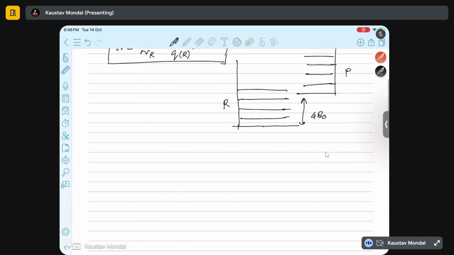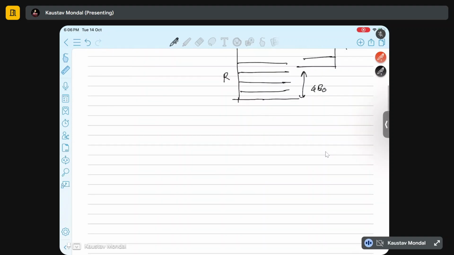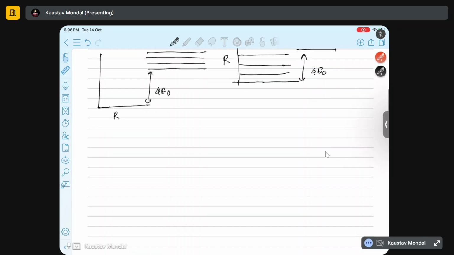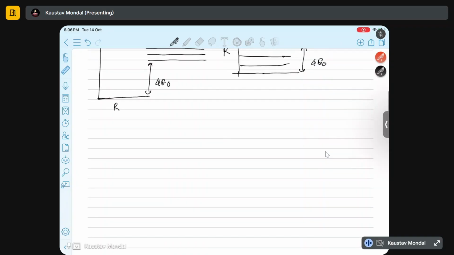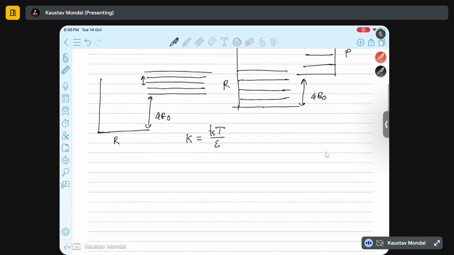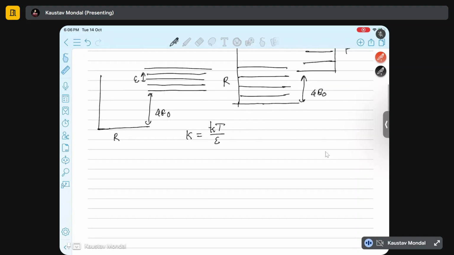Now we have also shown, let's suppose there is only one energy level for the reactant molecule, and the energy levels of the product molecules are equally distributed like this, and their energy difference is delta E 0. For this kind of a problem, we have calculated the value of the equilibrium constant K. It looks like K equal to kT by epsilon. Epsilon is the energy difference between each of the energy levels for the product.